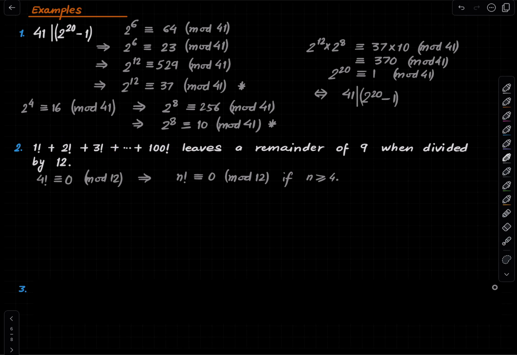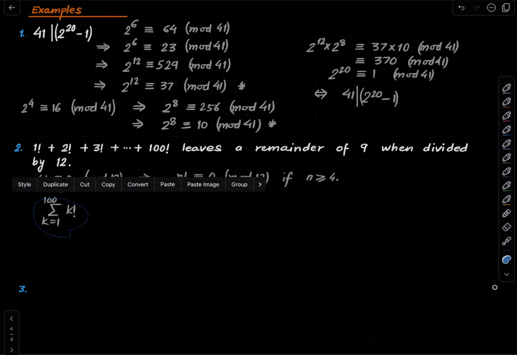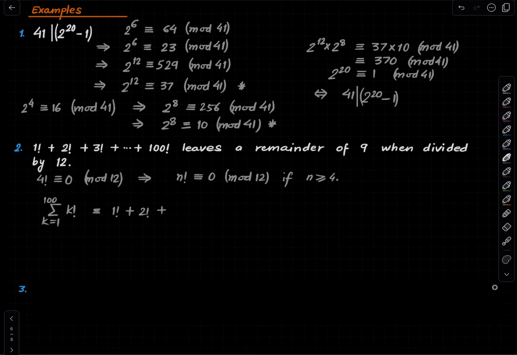So you can write that the summation of k factorial, k running from 1 to 100, is congruent to 1 factorial plus 2 factorial plus 3 factorial modulo 12, because everything from 4 factorial onwards gives you 0 modulo 12.